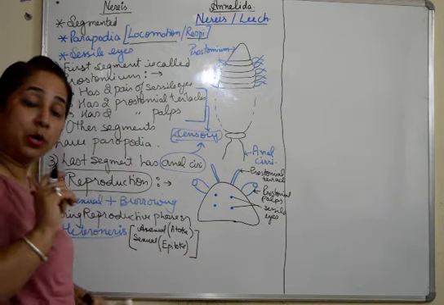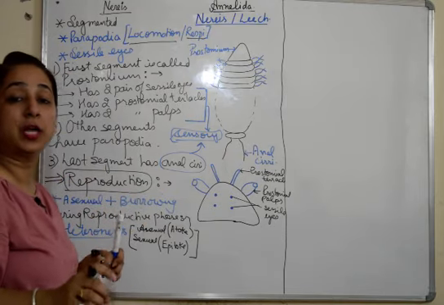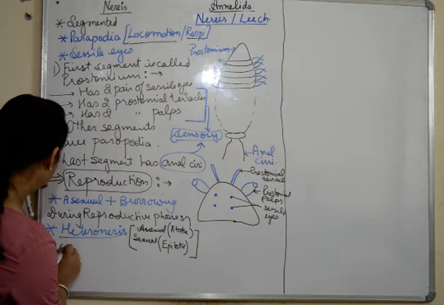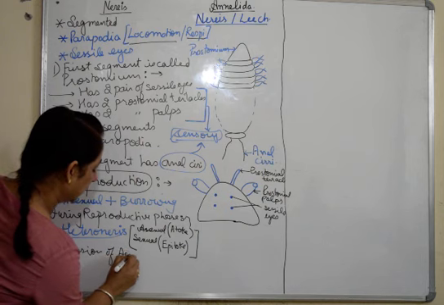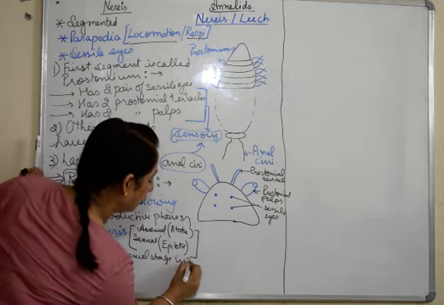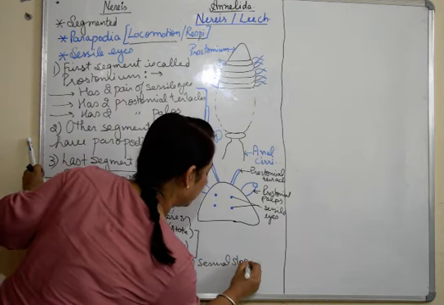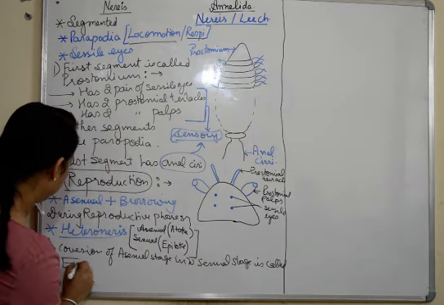Fine. One more important thing, the conversion of Nereis into heteronereis for reproduction is known as epitoky. So I'll write here, conversion of asexual stage or phase into sexual stage is called epitoky.